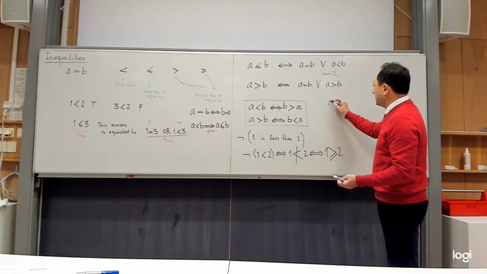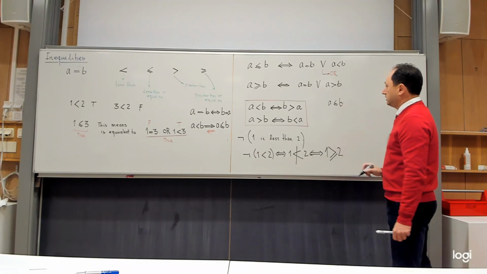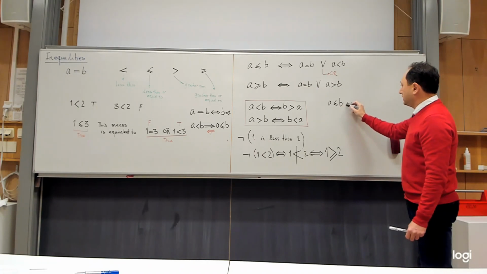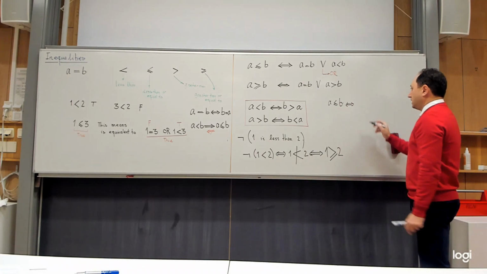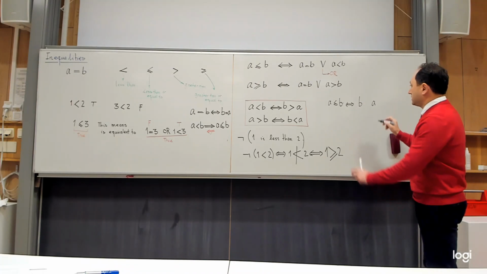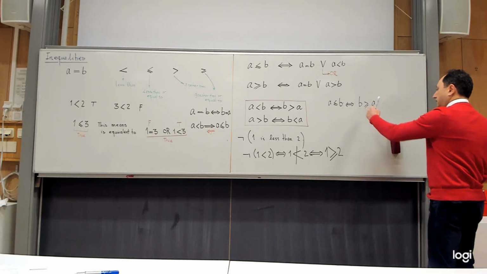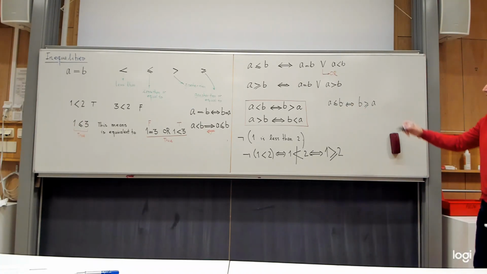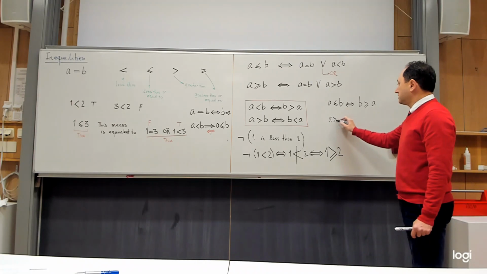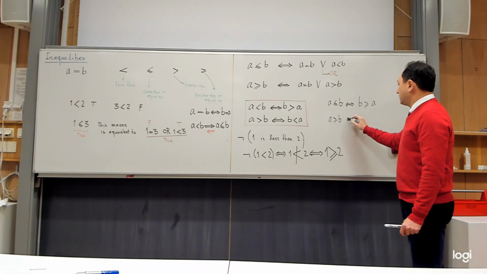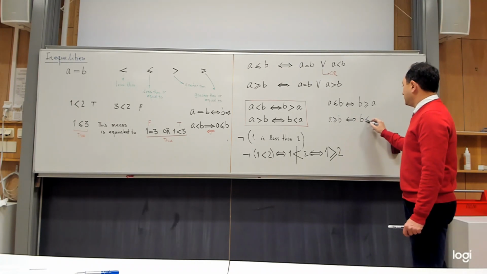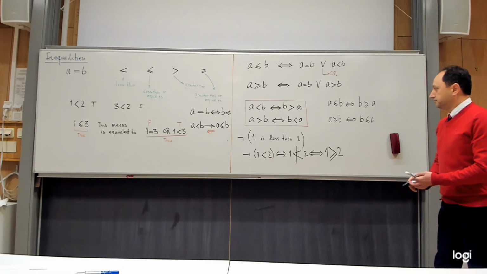For example, if A is less than or equal to B, this is equivalent. Can I swap these two? The answer is again yes, but the price that I have to pay is to swap the direction of this, actually, to swap this to that. Yes? And the other way around. If A is greater than or equal to B, this is equivalent to saying that B is less than or equal to A.